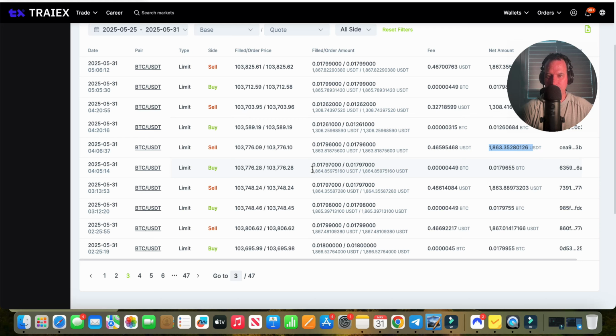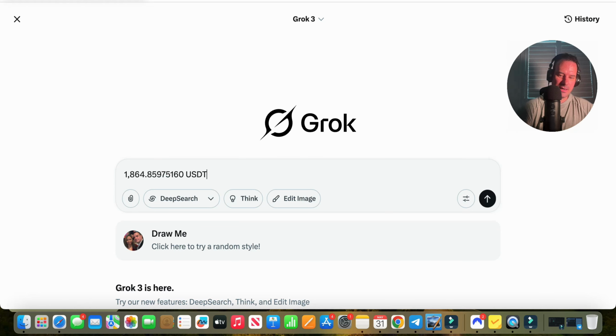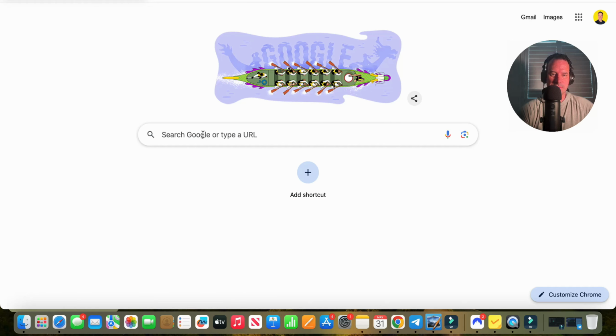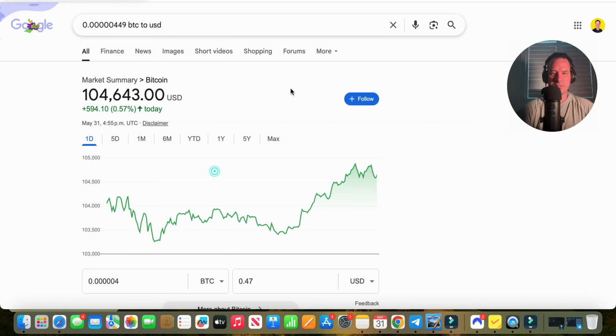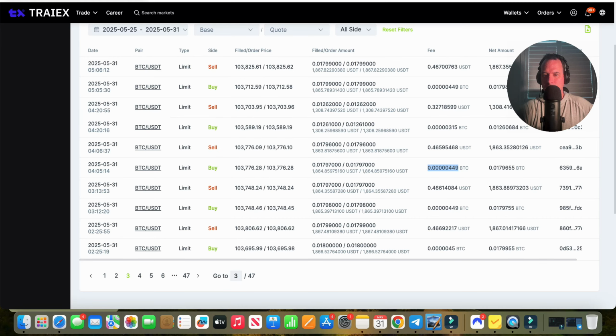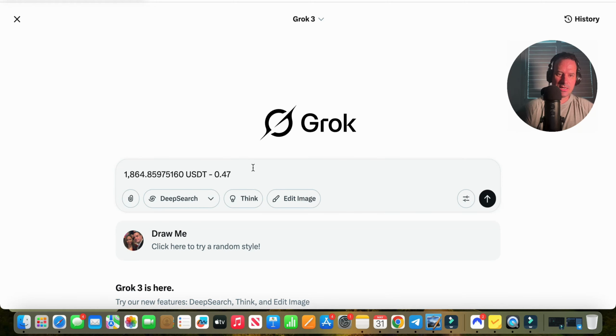We would go this number minus this number, but we can't use BTC because this is in USDT. So we have to figure out this number to BTC, 0.47. Okay. Because that's almost 0.47. So then we take this minus this guy, and we would take that out.